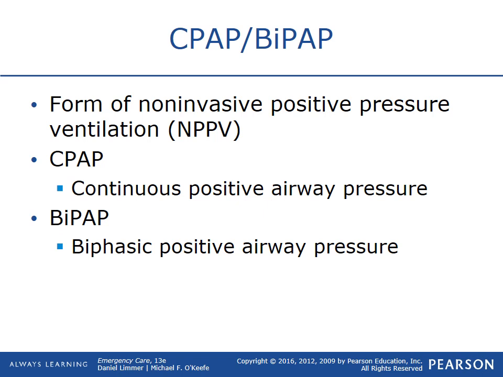So CPAP is a continual pressure on those airways, so you have to have a good mask. It's somewhat like wearing an SCBA. And BiPAP is pressure when they breathe in, keeping that pressure open, but also applies a little bit of pressure as they breathe out. Biphasic, in and out.